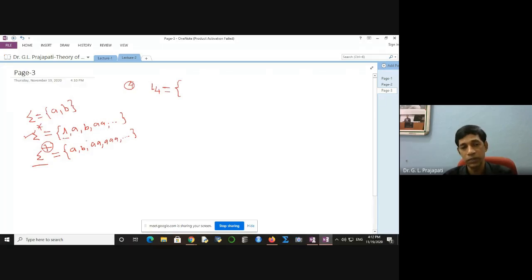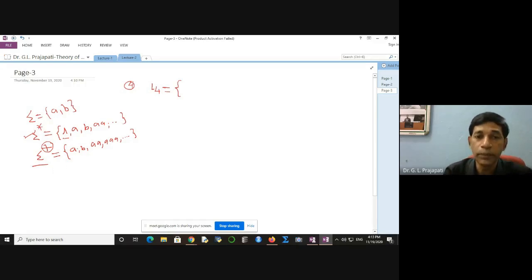So sometimes you will find the symbol plus, which is known as sigma plus, and here you have the sigma star, which is the Kleene star, or this is also known as the Kleene closure. So this is the difference.